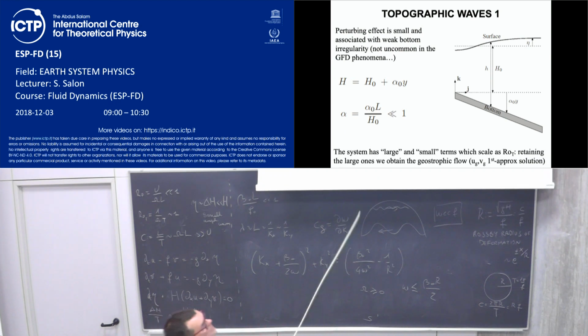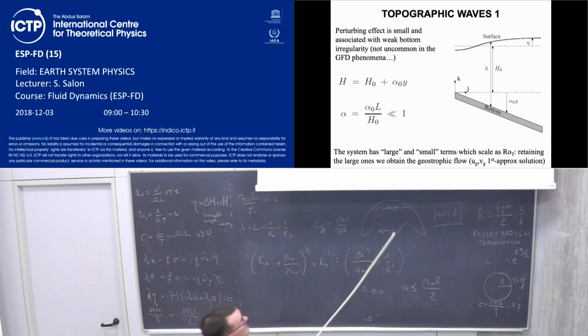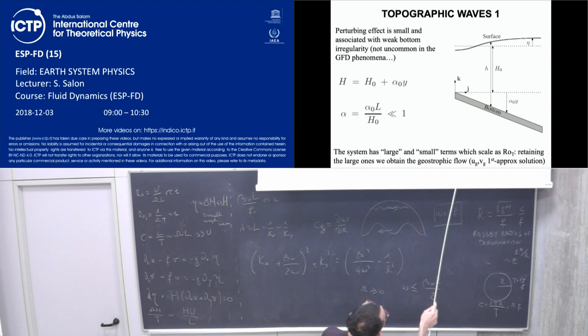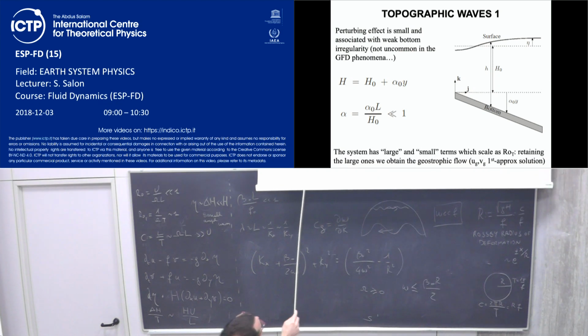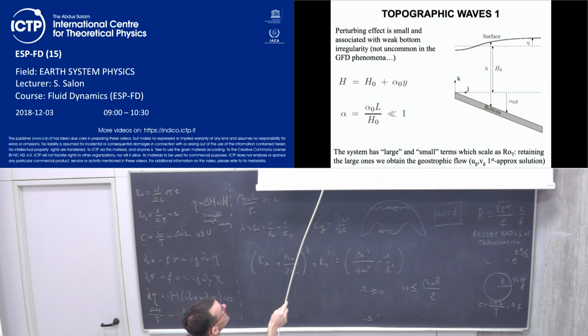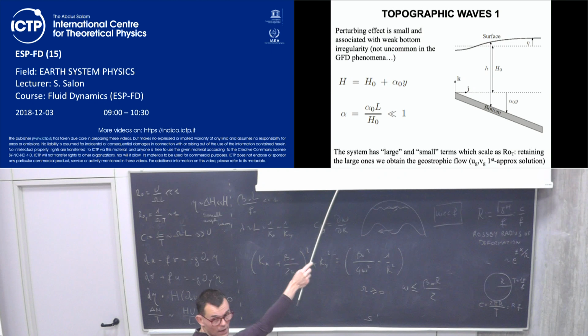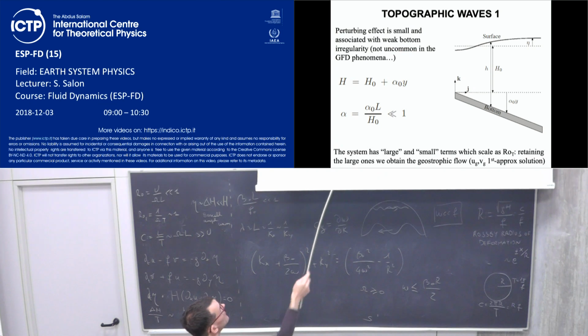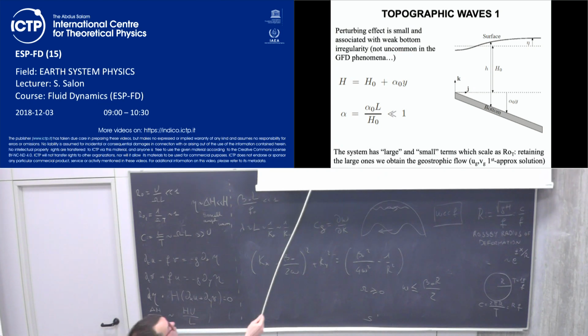Now we allow an inclination of the bottom, and the inclination is described by another term which is alpha 0. Again, exactly like we did for the planetary effect, we have alpha as a topographic parameter, which is not beta 0 L over F0, but alpha 0 L over H0. So before we had F equal to F0 plus beta 0 Y.